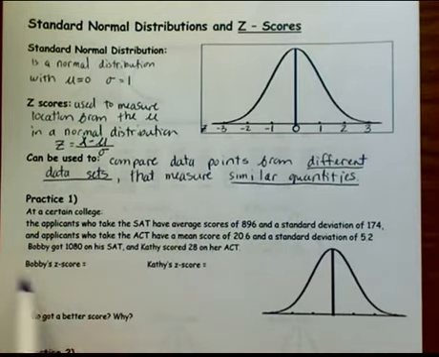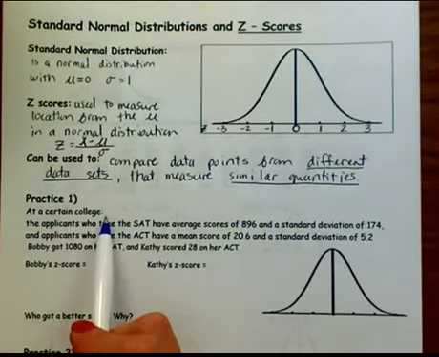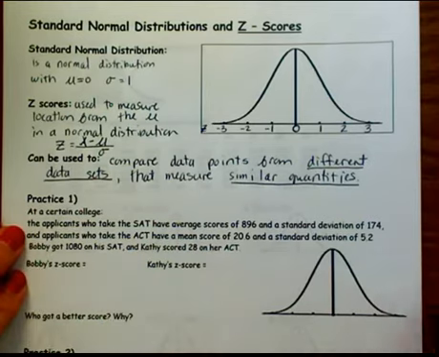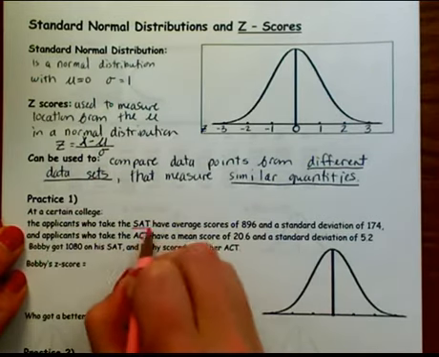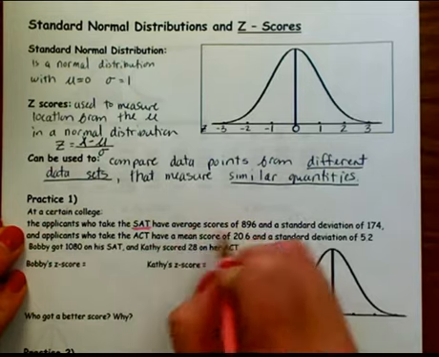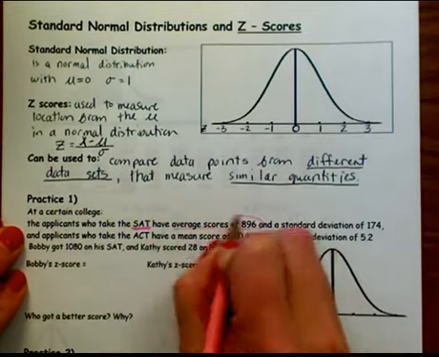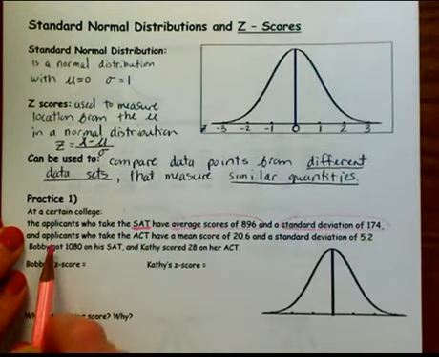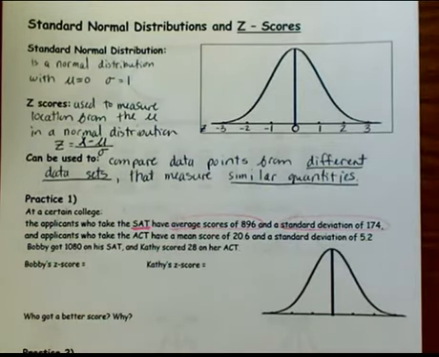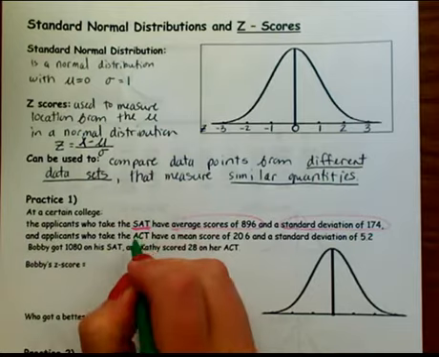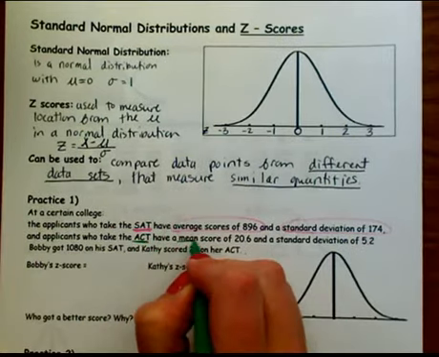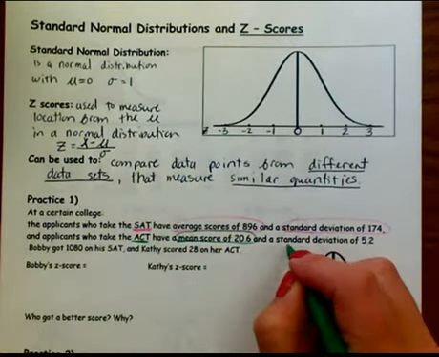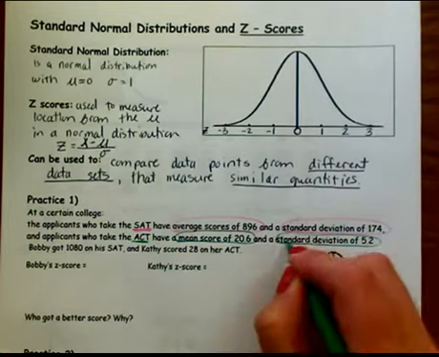Let's go ahead and look at our first example. At a certain college, applicants who take the SAT have an average score of this and a standard deviation of this. Applicants who take the ACT have a mean score of this and a standard deviation of this.